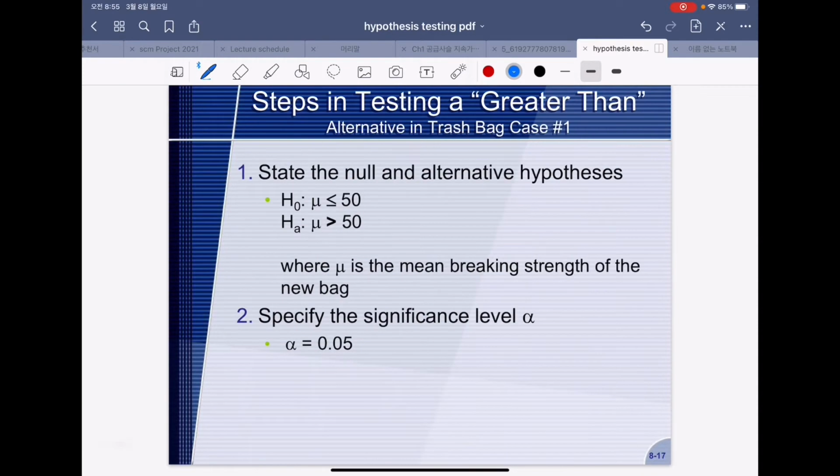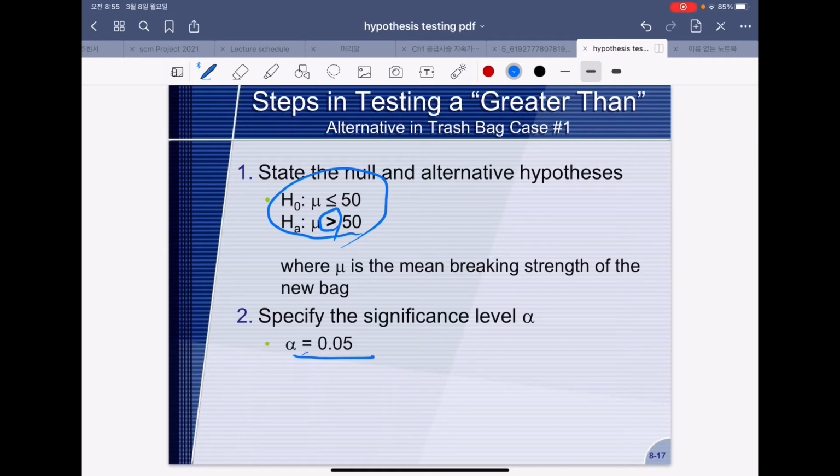Now let's talk about this hypothesis first, right? Suppose you have inequality like greater than in the alternative hypothesis, right? And suppose you set the alpha as 0.05, okay?